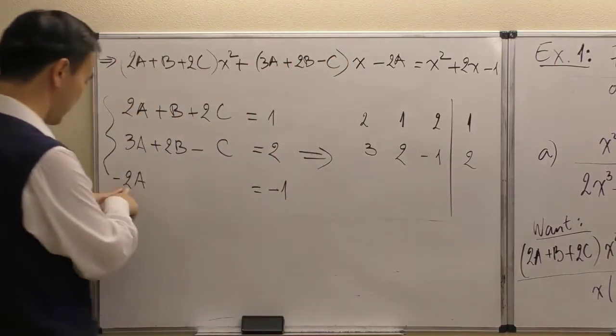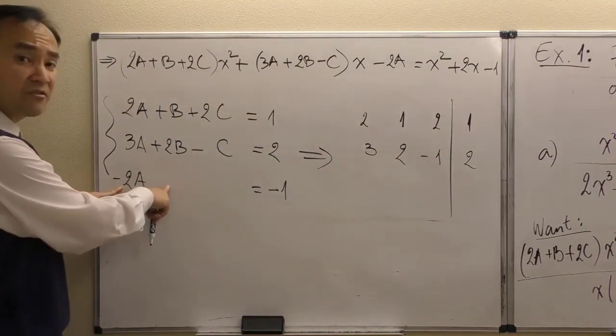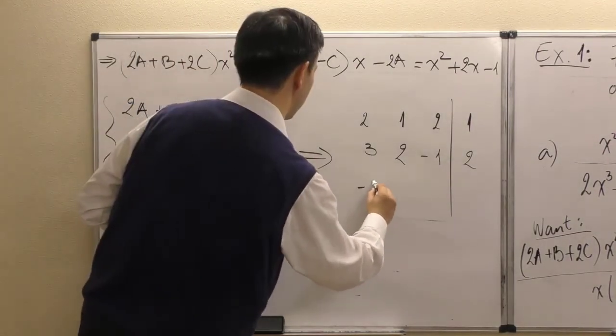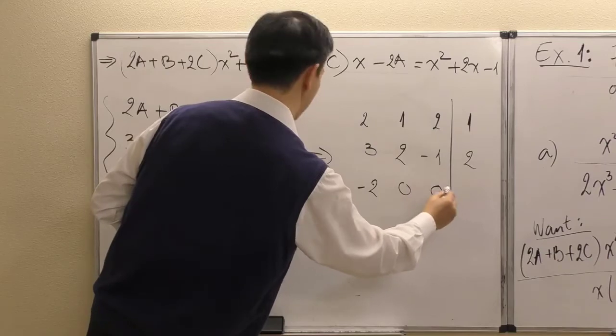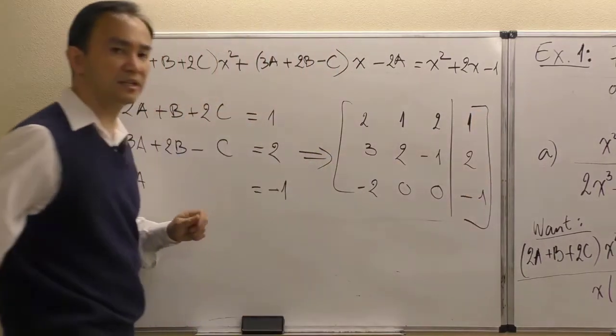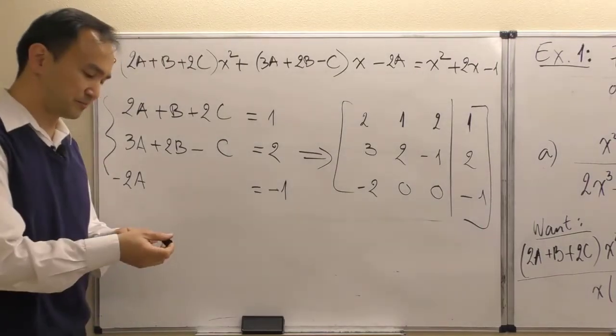And then the last one here is negative 2, 0, 0, and negative 1. This is the augmented matrix for anyone who's about to attempt using the matrix method.